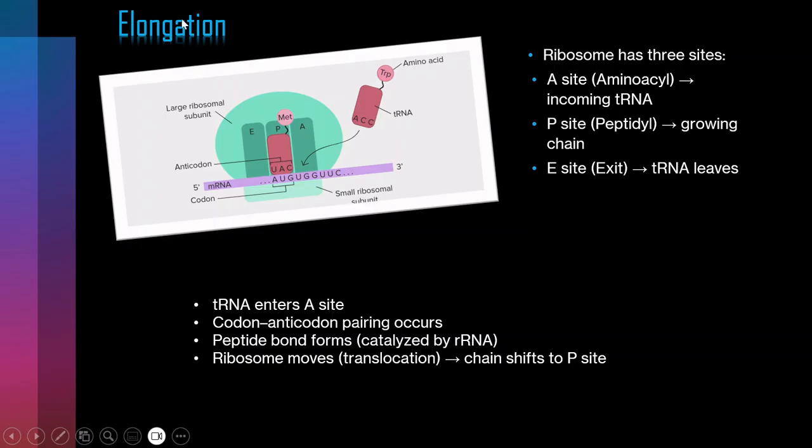So in the elongation step, the tRNA enters the A site of the ribosome. There the codon-anticodon pairing occurs, peptide bonds are formed, and the ribosome moves. The chain shifts to the P site or the peptidyl site.